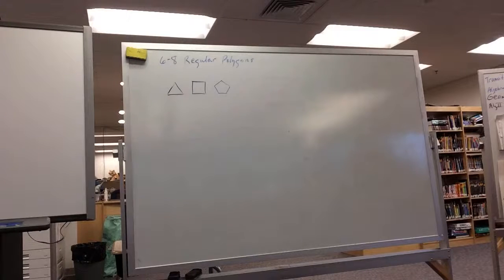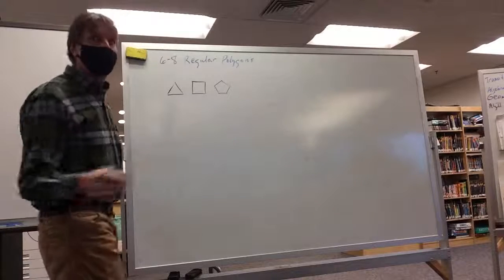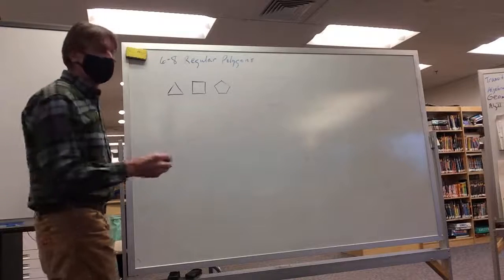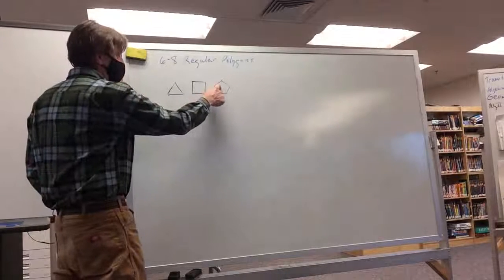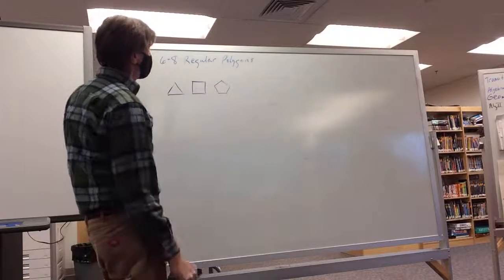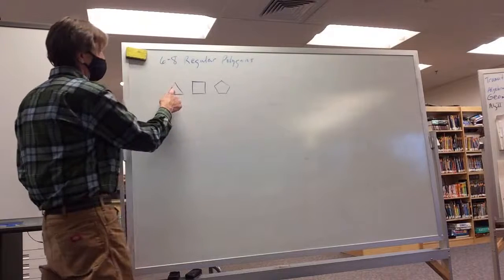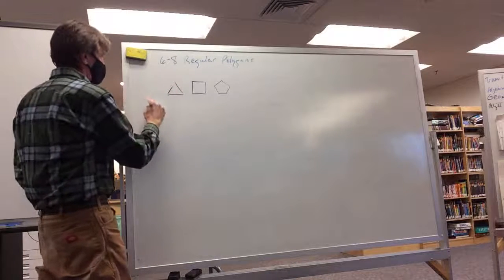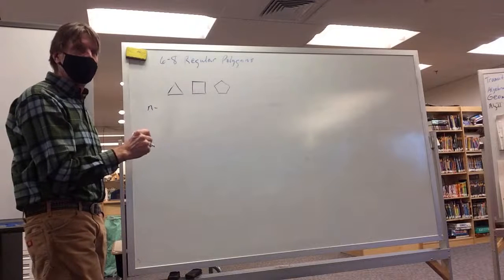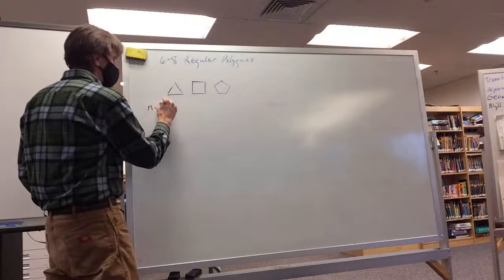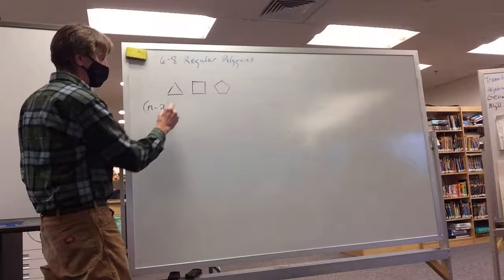So what was the equation that we used for this? Not 360. Well, it's n minus 2 times 180.